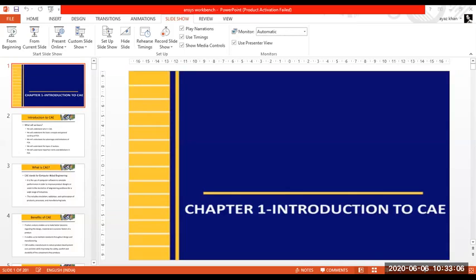Sir, the screen is not visible, sir. Remember, guys, this solving in classes is studying strength of materials, not showing anything on the screen.